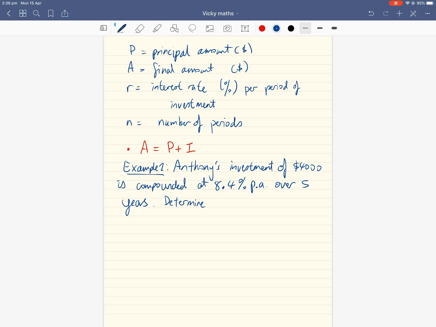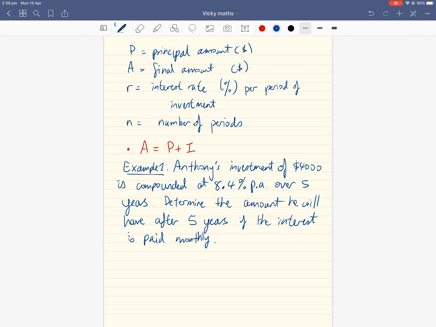Determine the amount he will have after 5 years if the interest is paid monthly, and round to the nearest cent.